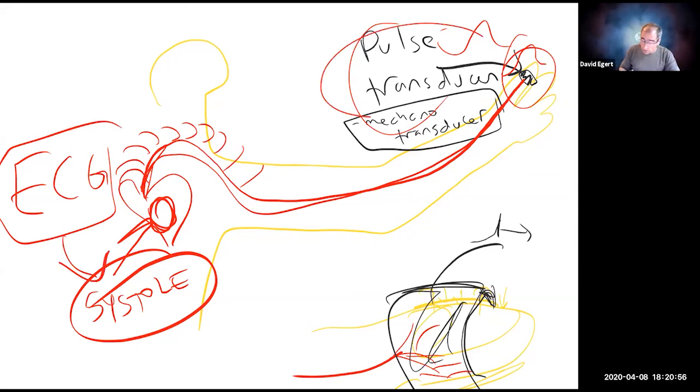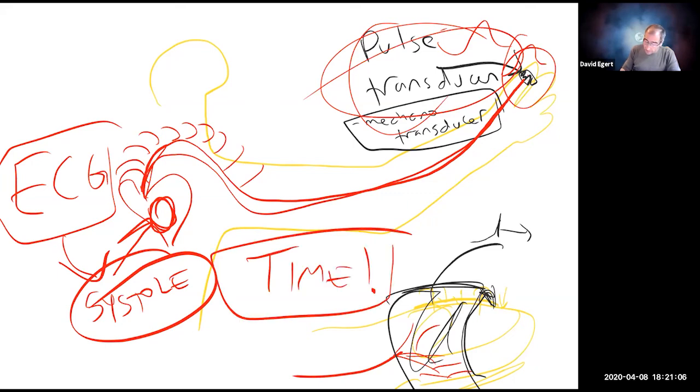We're going to have this pulse transducer on them so we can see when the pulse arrives at the finger. If we look at how long it took from the QRS of the EKG to the pulse arriving at the finger, that's going to give us our time.